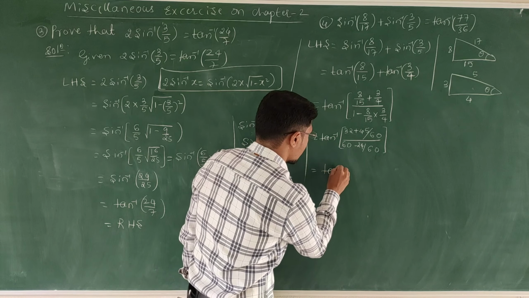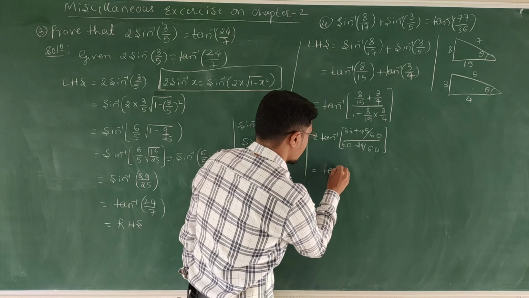For this use the formula: sin inverse of x plus sin inverse of y is equal to the sin inverse of x into square root of 1 minus y square plus y into square root of 1 minus x square. This formula I will use now.